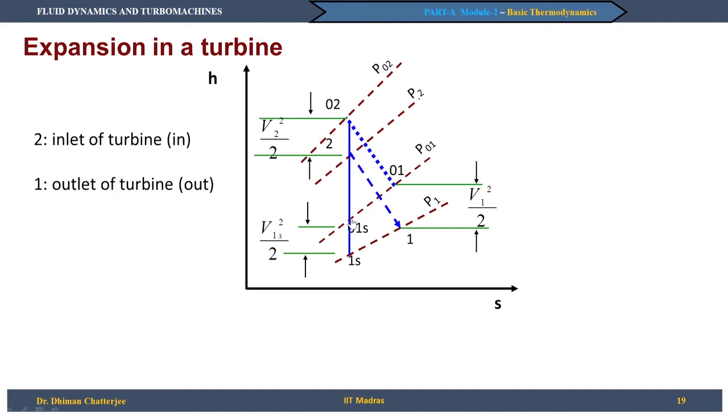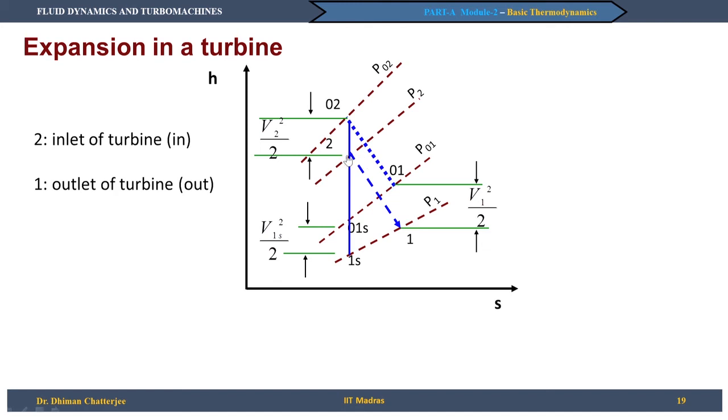Whereas in real life, because of irreversibilities and losses, what we get is H02 minus H01. That means the actual amount of power produced is related to H02 minus H01.